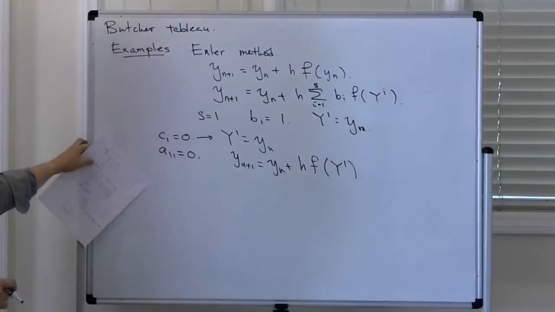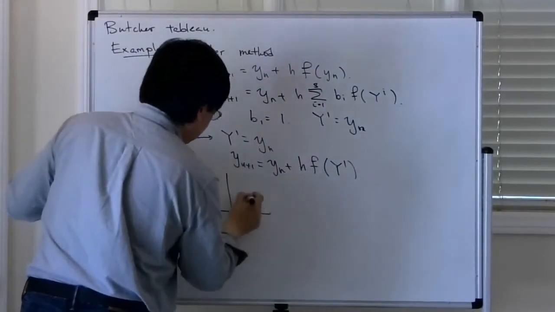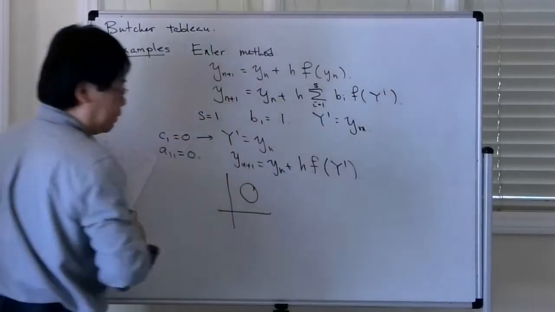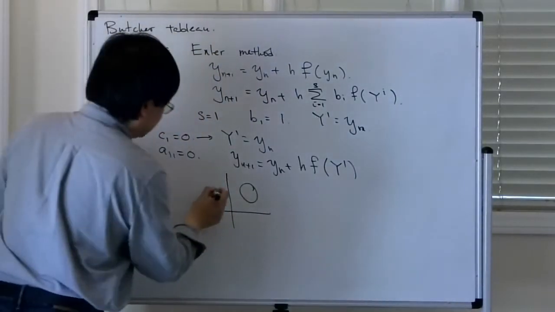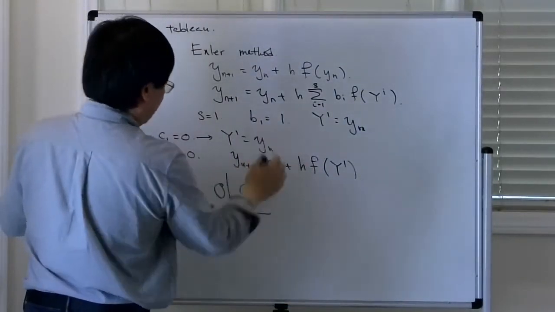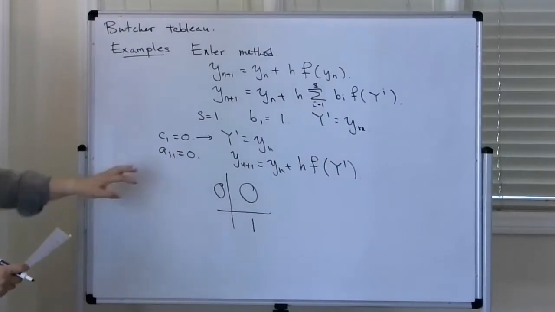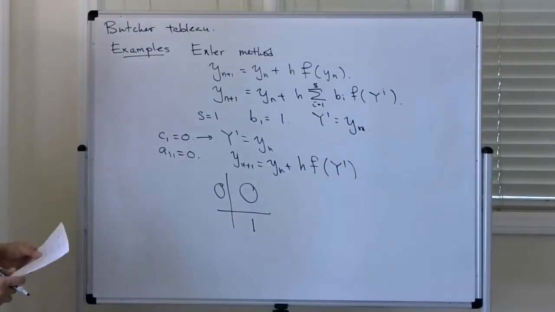So the Butcher tableau for the Euler method just looks like the following. There's a 0 here corresponding to the a11 term, a 0 here corresponding to the c1 term, and then a 1 corresponding to the b1 term. So that's the Butcher tableau for the Euler method.